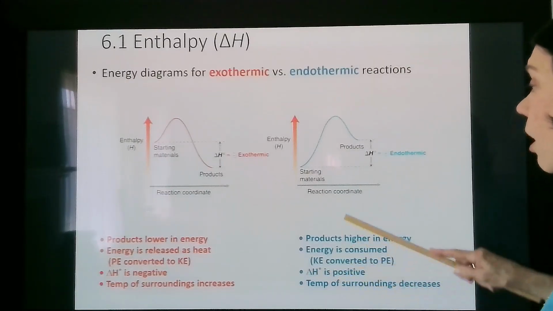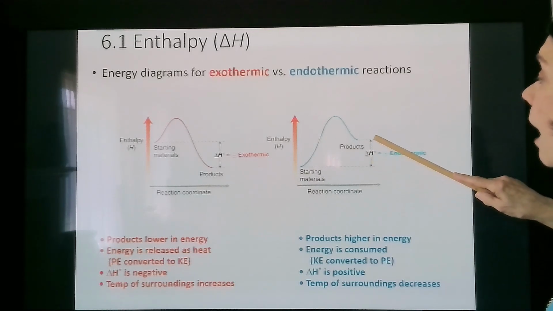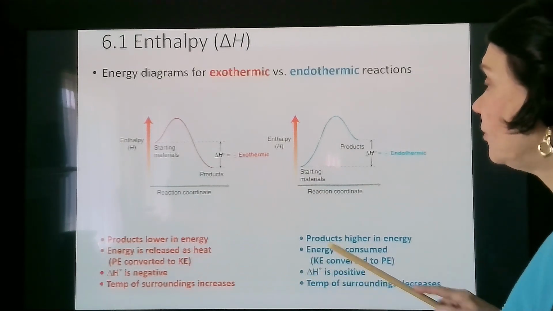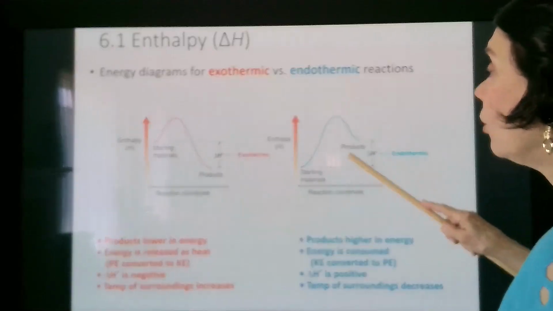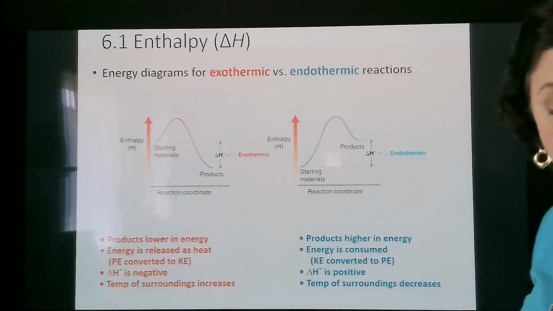Delta H naught is positive, indicating that you're going uphill in energy. The temperature of the surroundings decreases. And so these are opposites, and you can see here by them being positioned next to each other, they're very easy to compare.